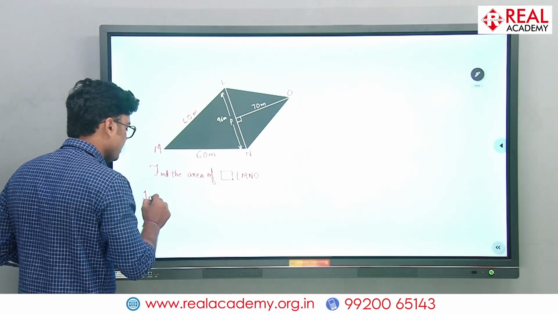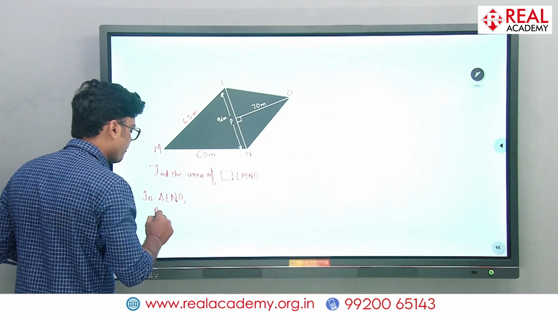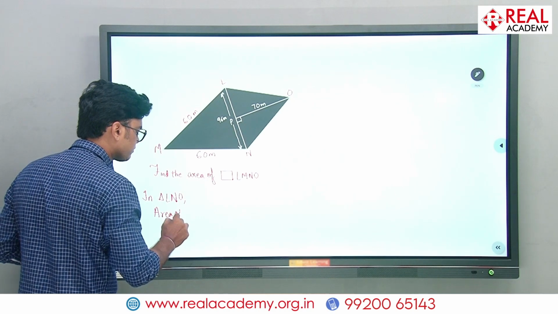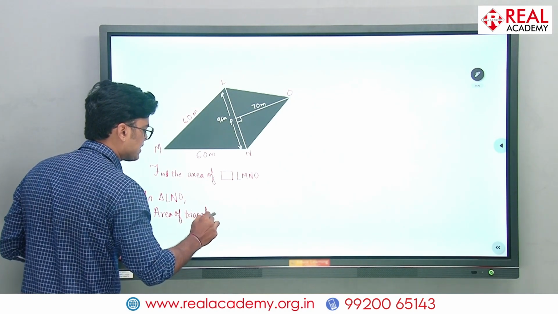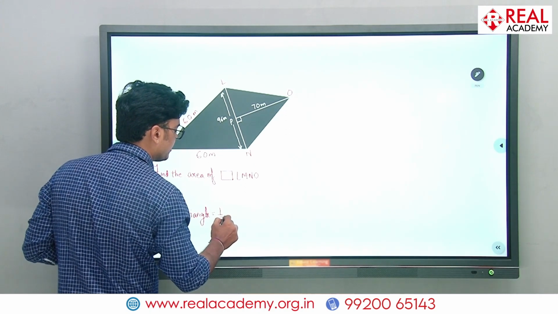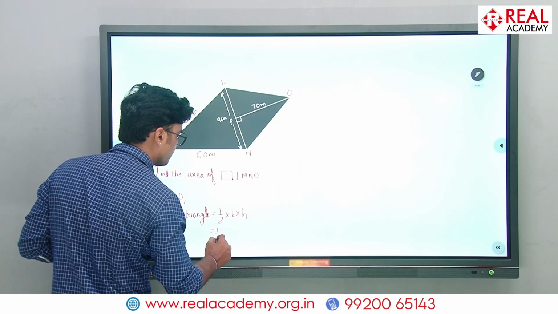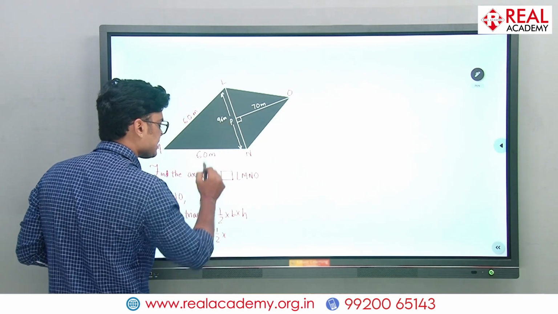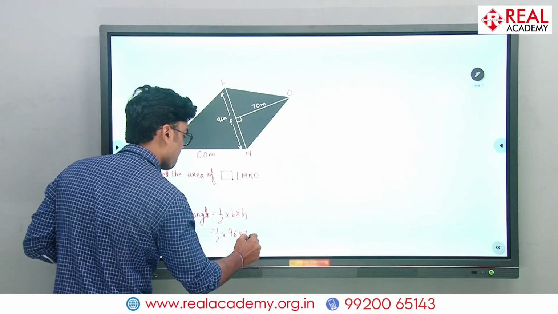In triangle LNO, area of triangle is equal to half into base into height. Okay, half into base is 96 and height is 70.